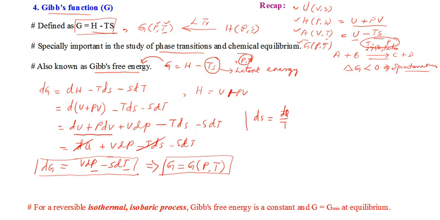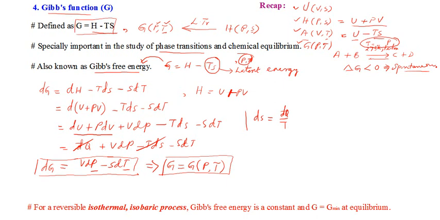Whenever you are able to control the pressure and temperature of a process, then in order to analyze the thermodynamical behavior of that system, especially under equilibrium conditions, you can depend on Gibbs free energy. Gibbs free energy will be of help to you.